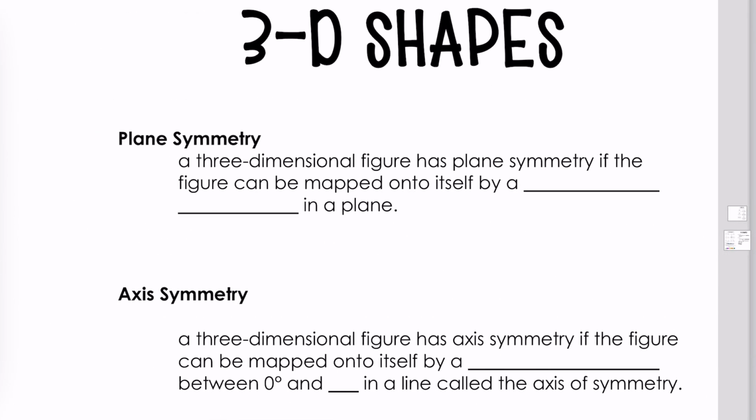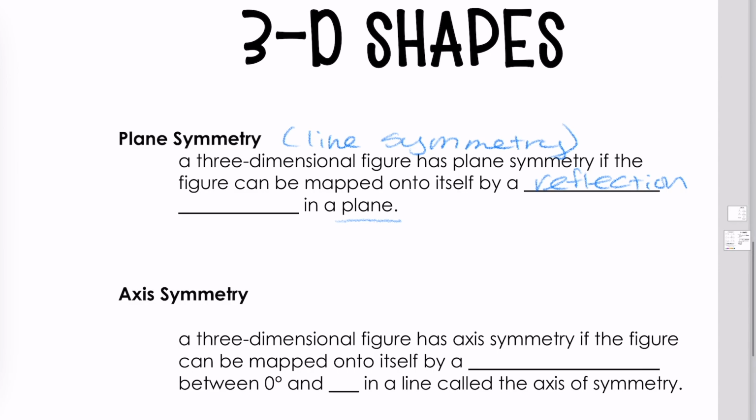We're also going to do a little bit extra on these 3D shapes here. Now, plane symmetry is if the figure can be mapped onto itself by a reflection in a plane. So you remember with line symmetry, we were just reflecting in a two-dimensional area. Now, plane symmetry is three-dimensional, and it's being split or reflected over a plane instead of a line.